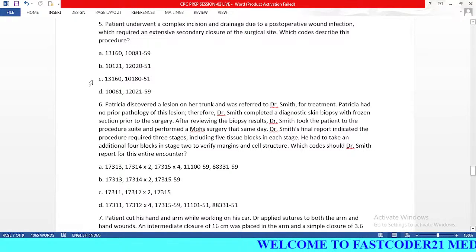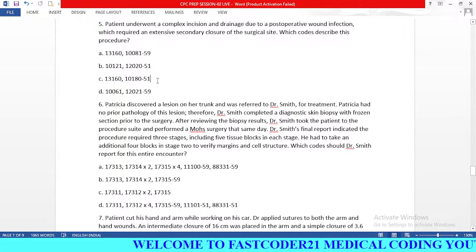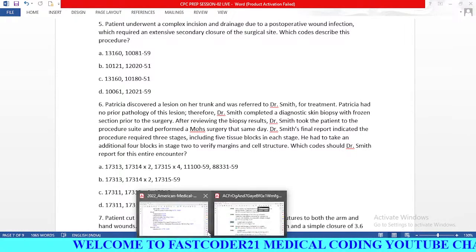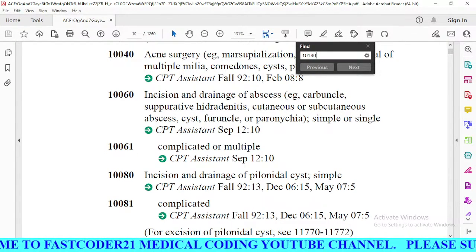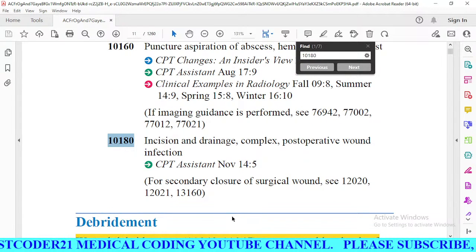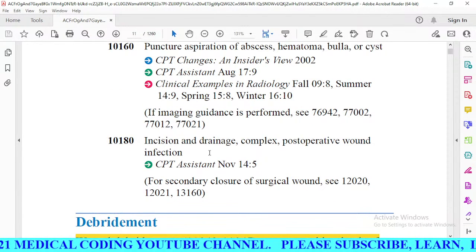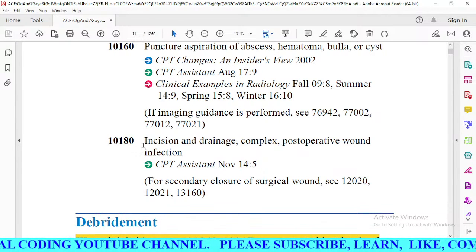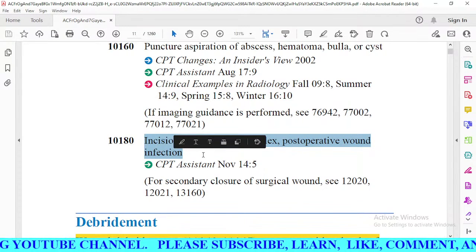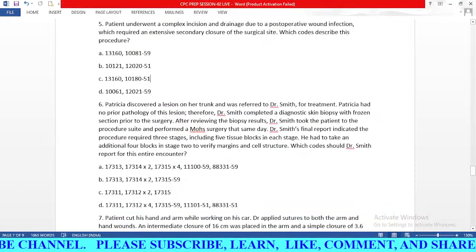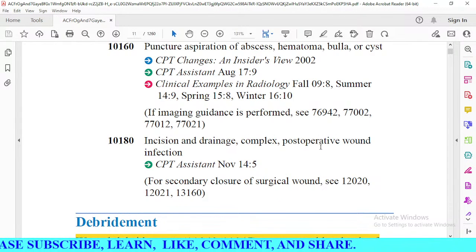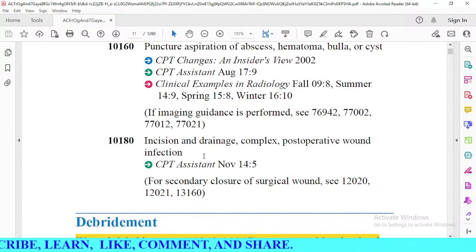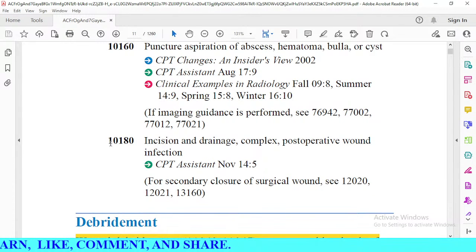Now we need to check 13160. Previously we have seen 13160 is for closure. So we will check 10180. Yeah, if you see here, incision and drainage, complex postoperative wound infection, which is completely related to our question. So even we too have the postoperative wound infection, incision and drainage. Here also postoperative wound infection, incision and drainage. So I told you before that you need to check before and after any code.